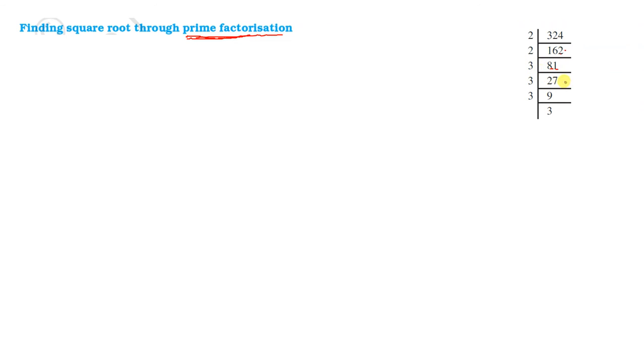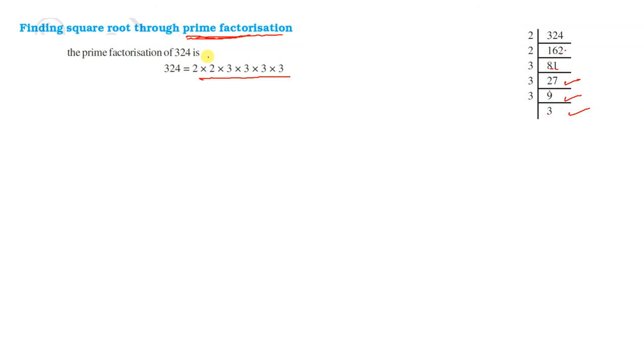Then it becomes 27. Again divided by 3, 3 9s are 27. Then 3 3s are 9. So the prime factors of 324 are 2 multiplied by 2, multiplied by 3, multiplied by 3, multiplied by 3, multiplied by 3.